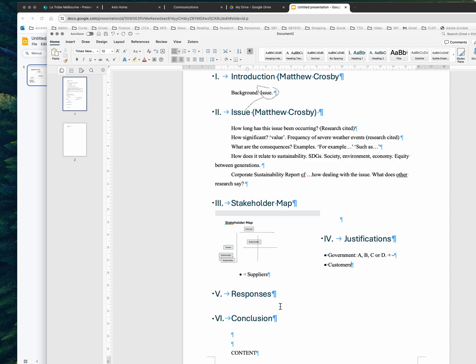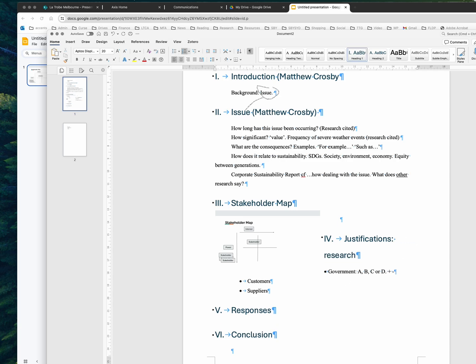I want to know that because that will affect what the responses of the company are. I think also you should most definitely be bringing in research here. Basically, wherever you can, give me research.